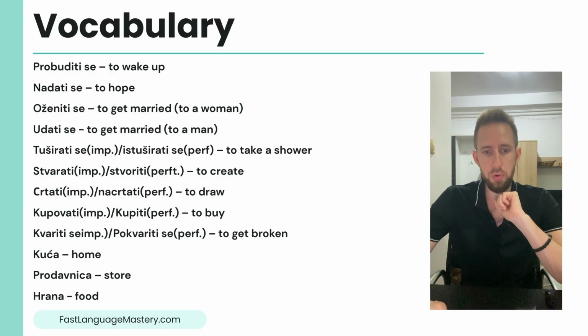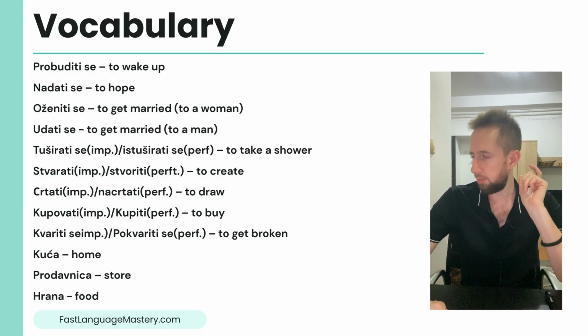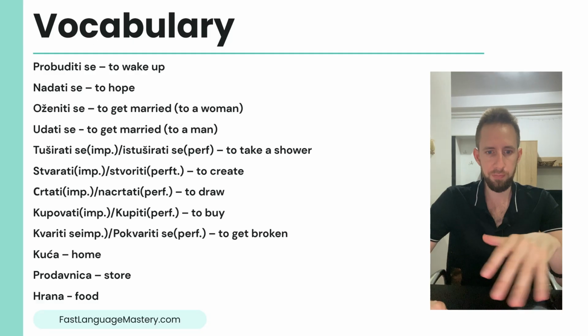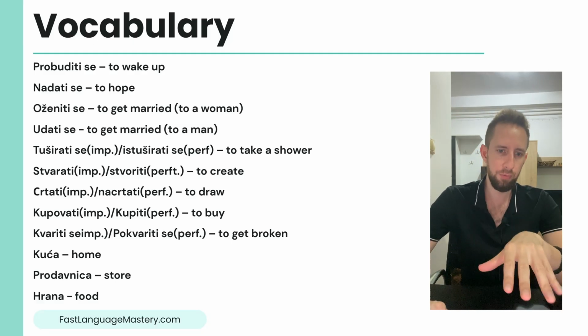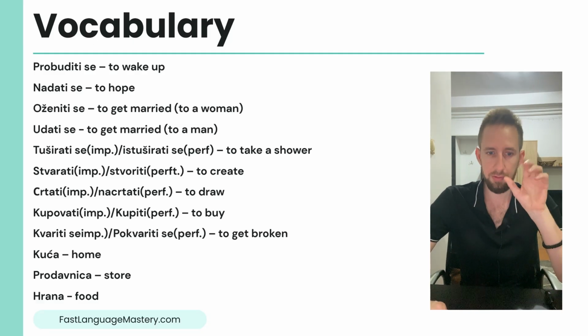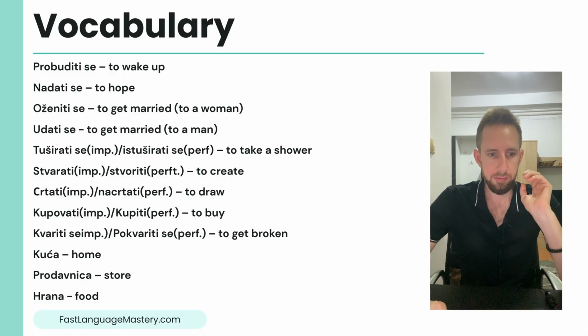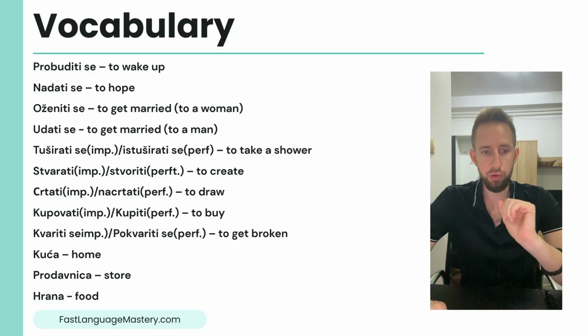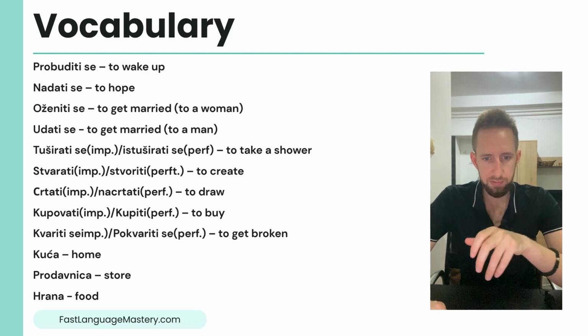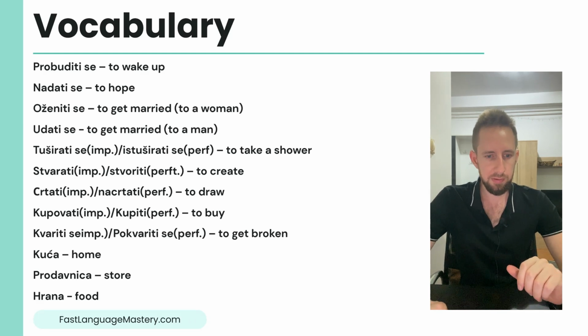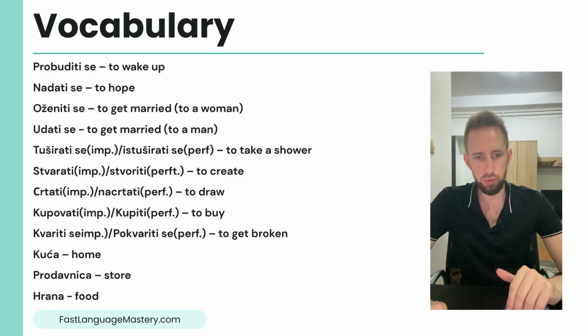Stvarati, stvoriti, to create. Yeah, by the way, this is another example of a perfective form which has a slightly different word form but not a prefix. Just memorize them. Crtati, nacrtati, to draw. Kupovati, kupiti, to buy. Kvariti se, pokvariti se, to get broken.